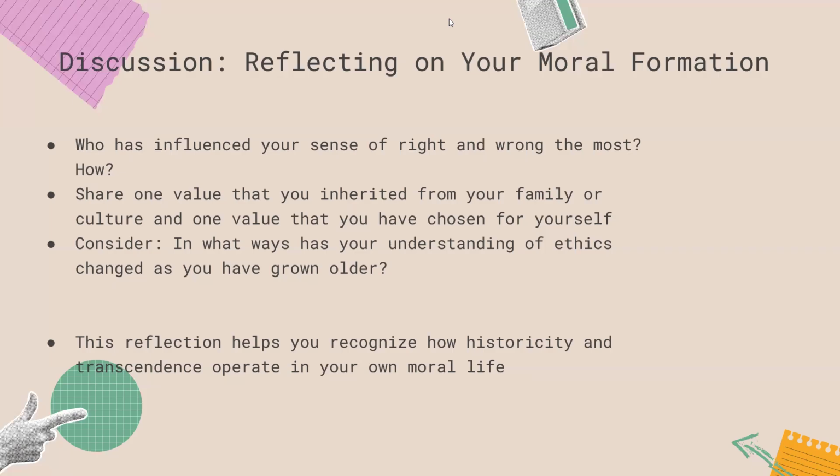So, Angel, when you think of what is right, what is wrong, your sense of this, and who has influenced you to identify the right things and the wrong things, and when you know what kind of values you have and what kind of person you are, it can help you to recognize your historicity and transcendence in your moral decision.